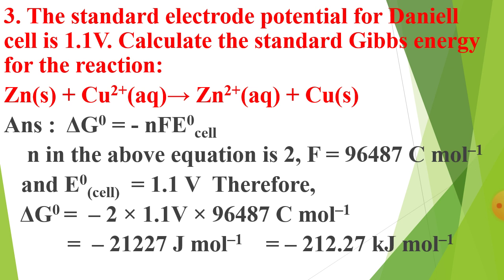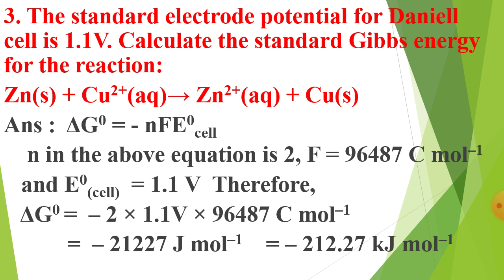So again the answer: ΔG° equals minus nFE°cell. n in the above equation is 2 and F is taken as 96,487 coulomb per mole. You can also take 96,500, but you have to write that it is the approximate value. E°cell equals 1.1 volt. Now calculate this by putting in these values.